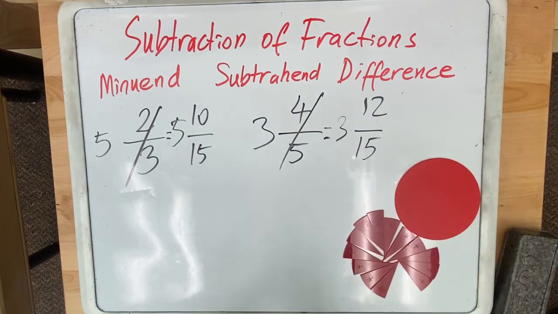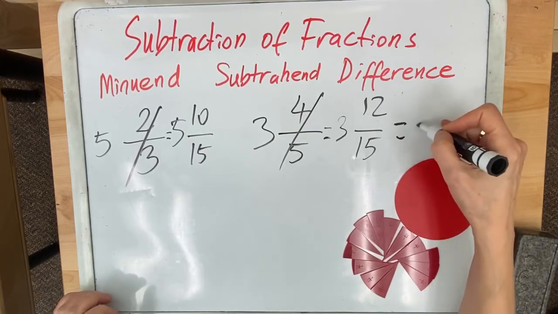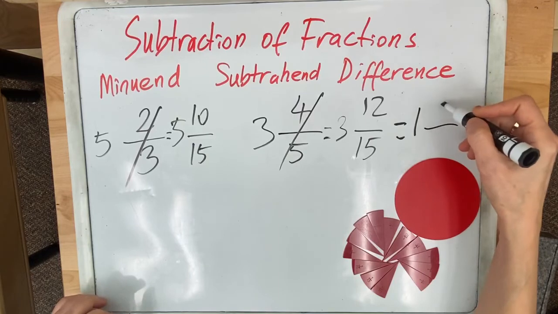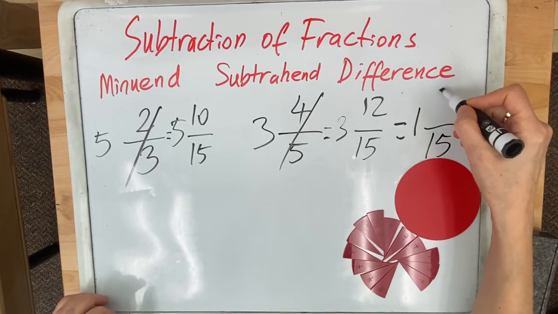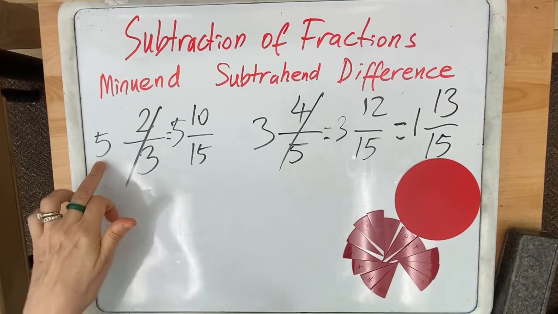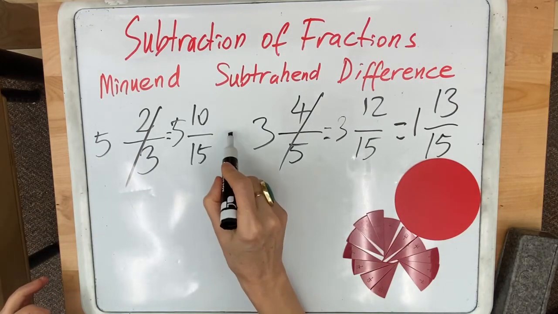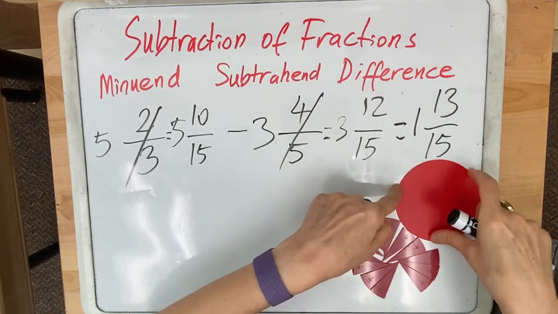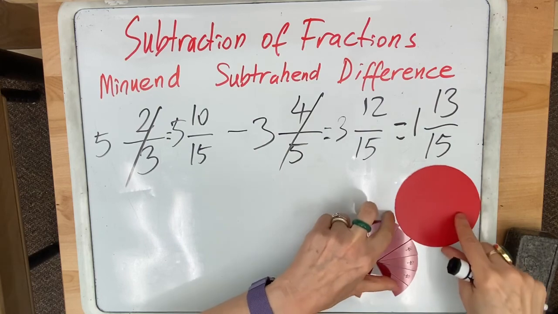So I have 1 and 13/15. So when I took, that's right, this is the subtraction. So 1 whole and 13/15ths is the difference.